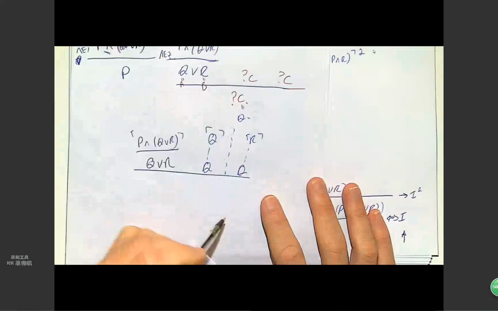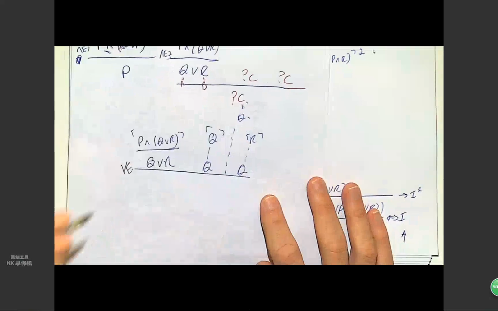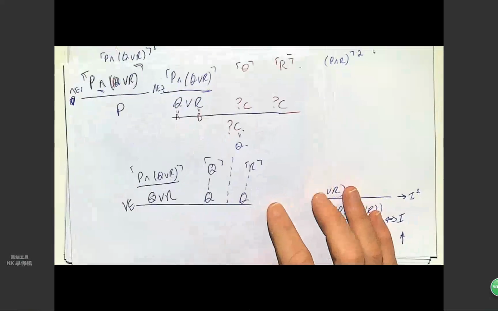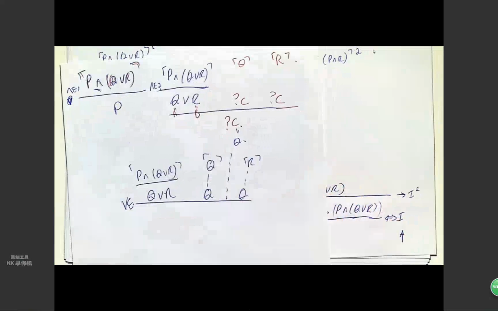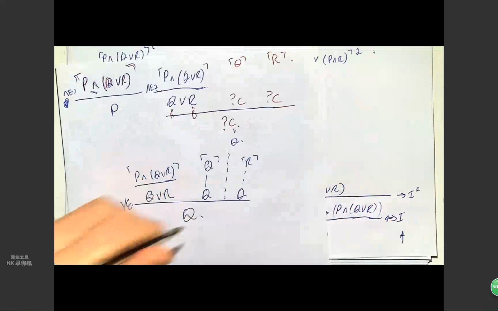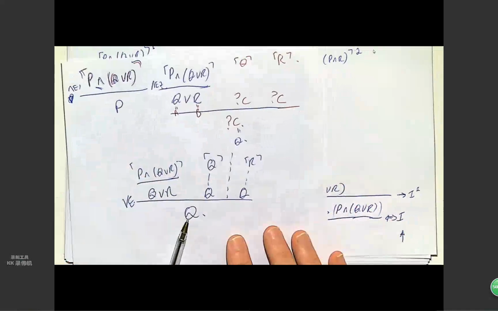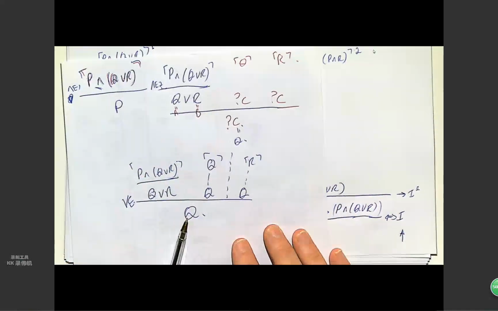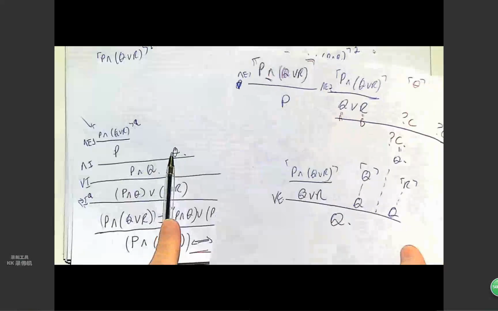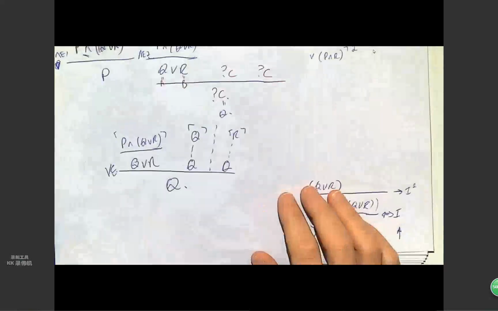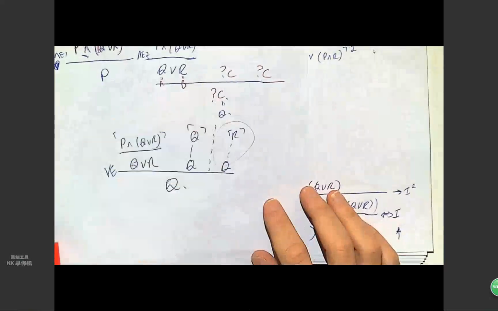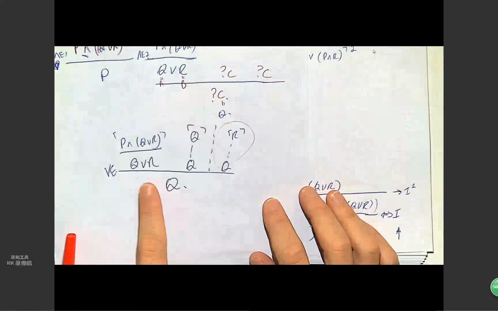That's just applying disjunction elimination. And in that case, Q will match this Q, so that's fine.